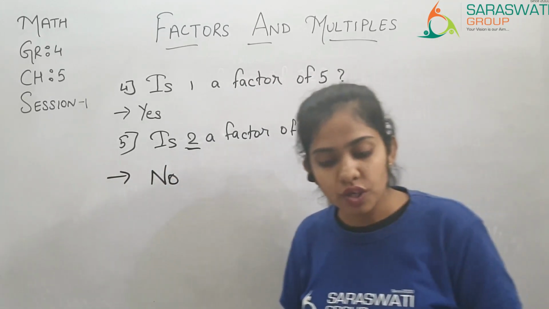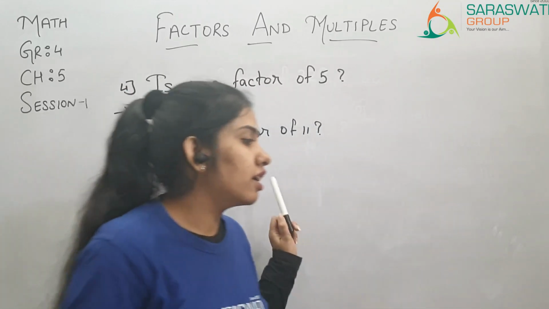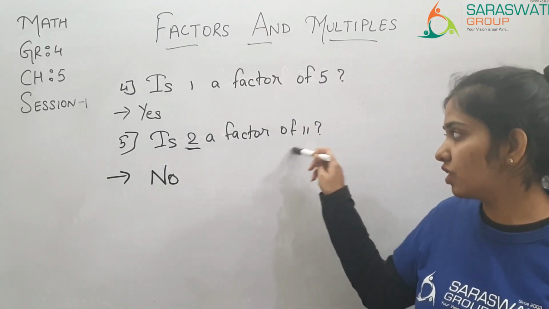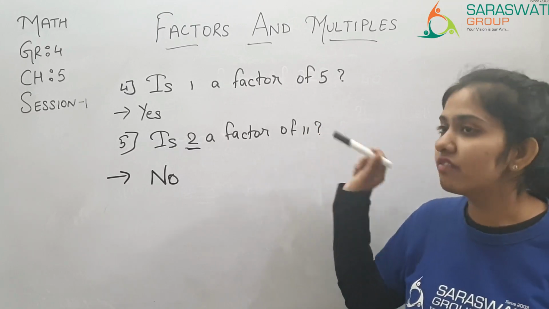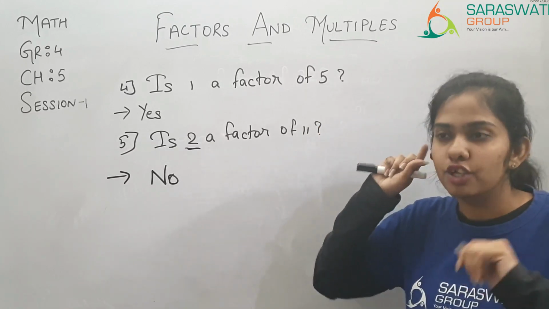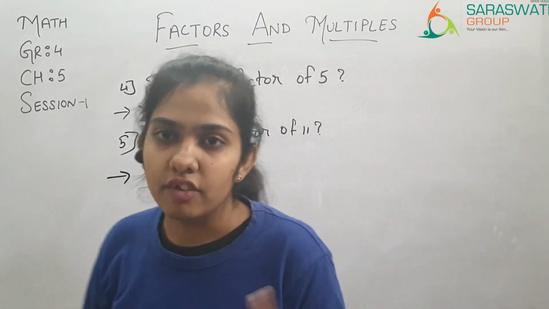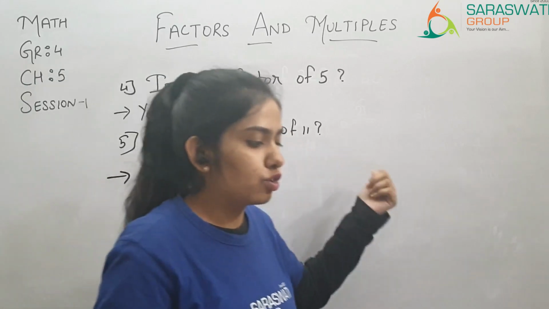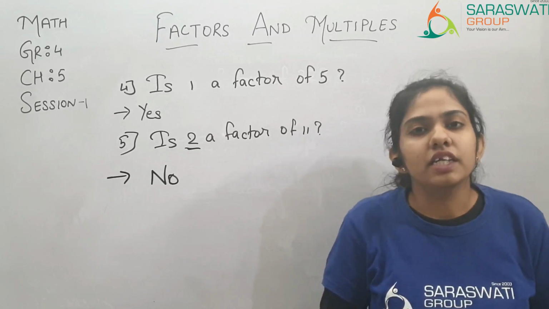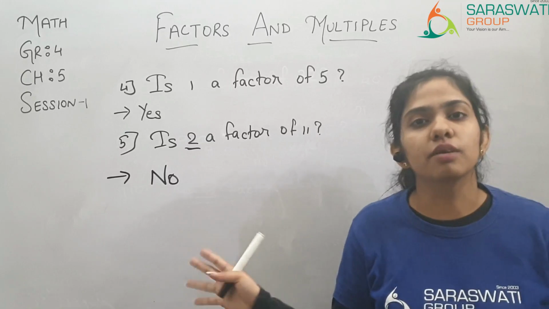And 2 is a factor of every even number. But here we have seen that 11 is an odd number, so 2 cannot be a factor of 11. If it is an even number, 2 can be a factor of that number, but here it is odd, so it is not possible. 2 is a factor of every even number.